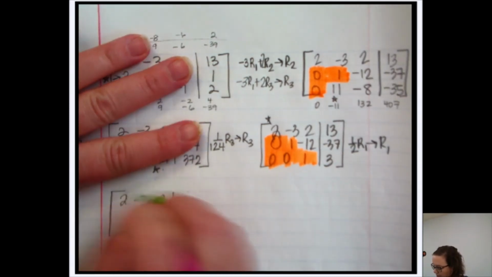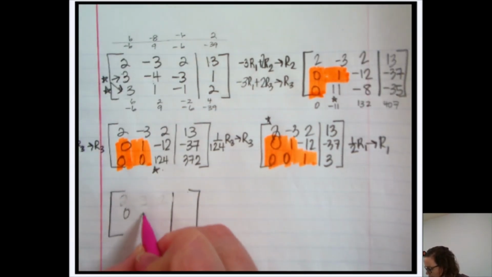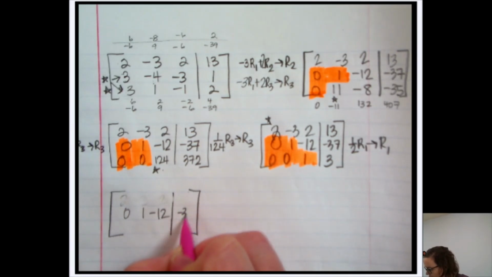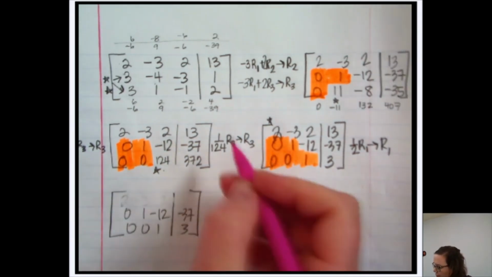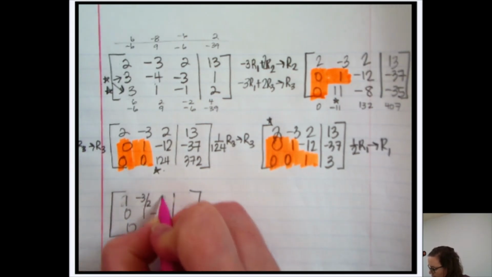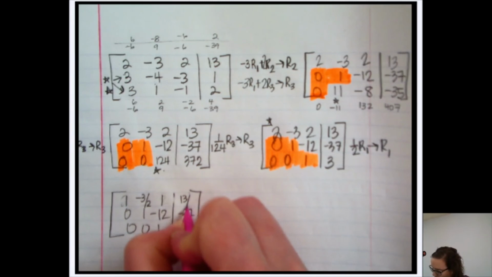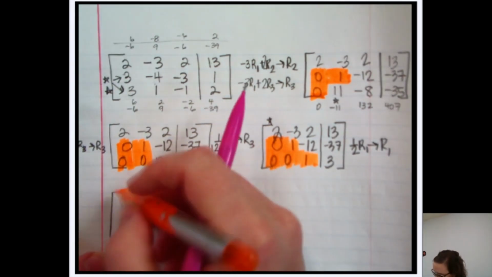Row 2 and row 3 are going to stay the same. So half of row 1 is 1. This is negative 3 halves, and this is 1. This is 13 halves. Okay, so here we're in row echelon form.